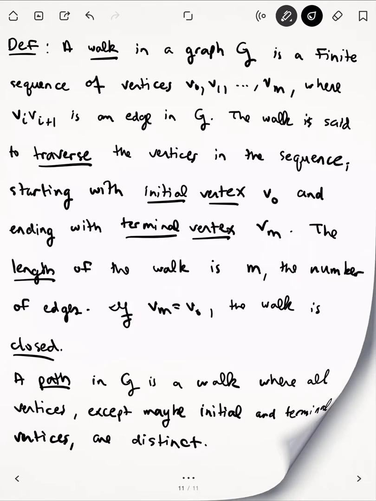Okay, so let's look at an example now. I'm going to draw a graph here. It's going to have 6 vertices: 1, 2, 3, 4, 5, 6.